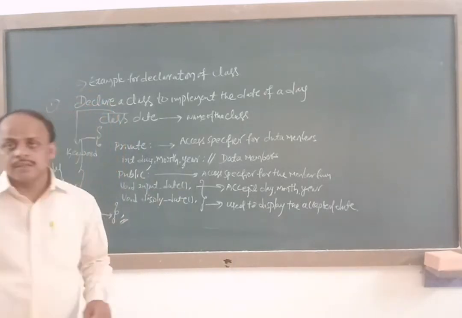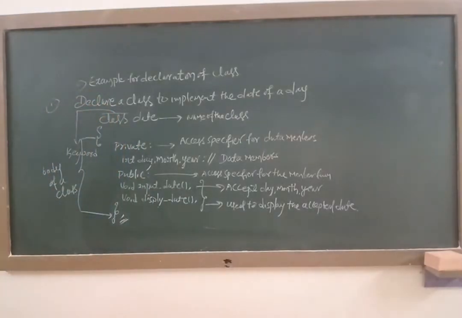So let us see the second example. But before going to the second example, just one thing I want to tell you. The members in a class without any access specifier are private by default.